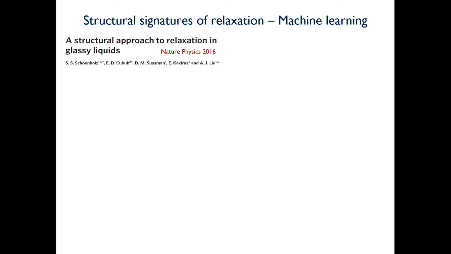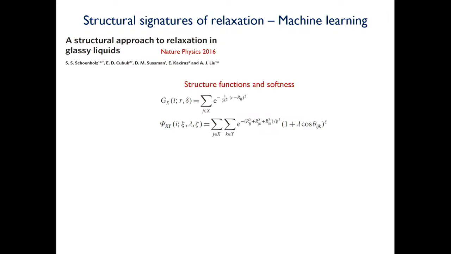And this was one of the ideas that was proposed in the context of relaxation of glasses, okay? There is no stress. The rearrangements or the relaxation is occurring due to thermal fluctuations. So once again, they wanted to capture the structural aspects. Where do these rearrangements occur in the system due to thermal fluctuations? To characterize the structure, they used these kinds of structure functions.